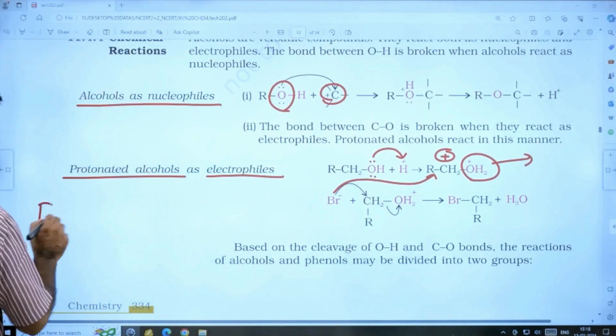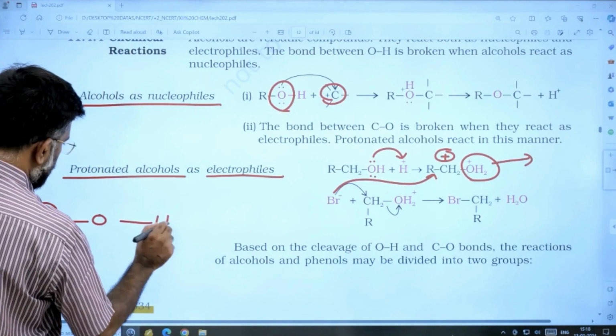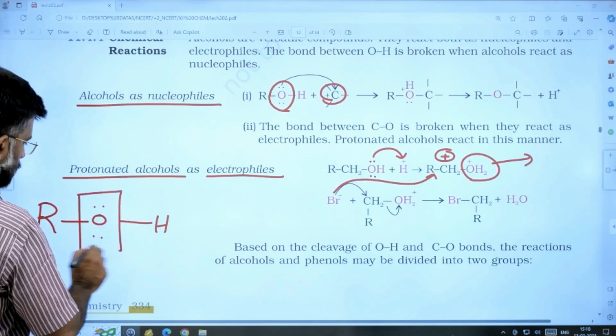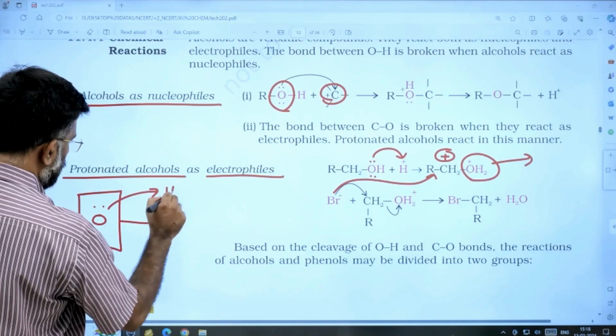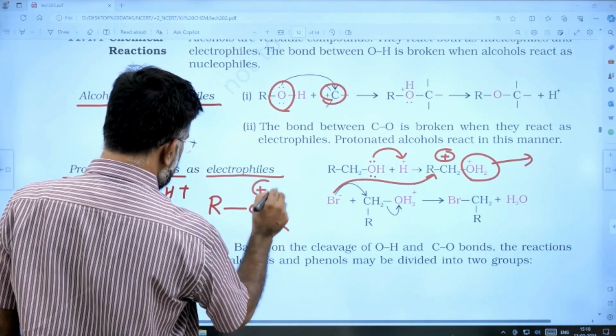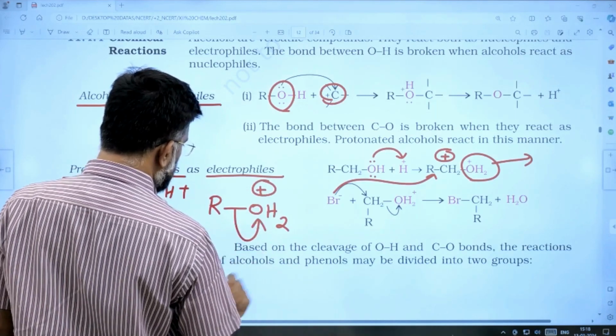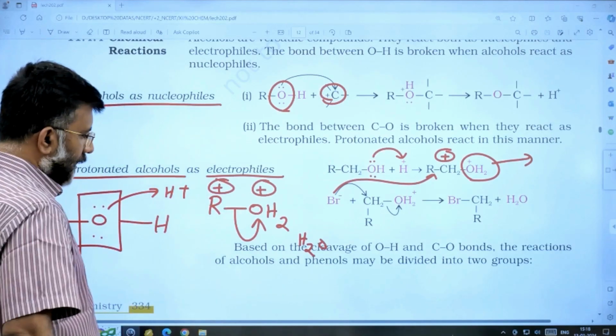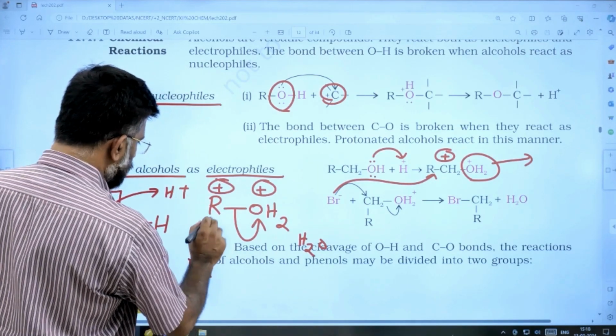Imagine alcohol as such. As such, alcohol has a nucleophilic center over the oxygen. Suppose this is getting protonated, you get ROH2 plus. This is easily subjected to removal as water. This will turn positive and will be attacked by a nucleophile.